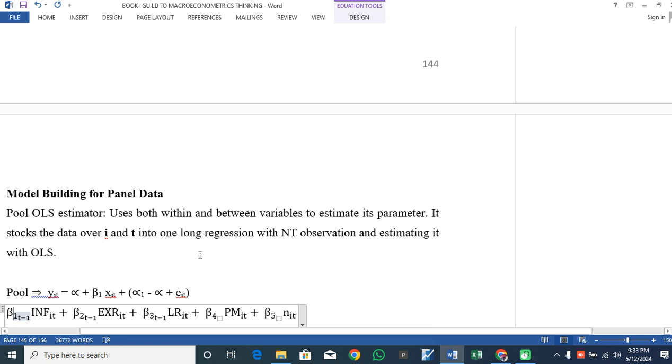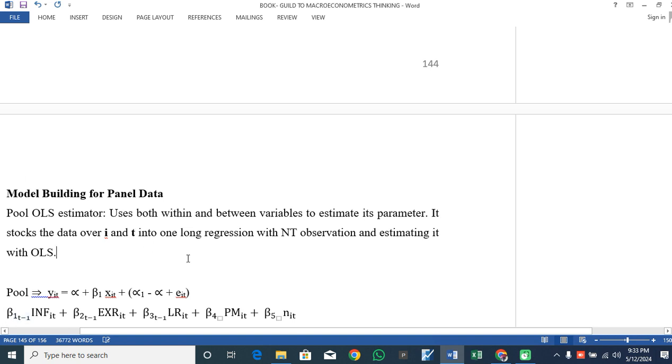We are going to use EViews to estimate linear regressions, whereas when we go to dynamic panel data regressions such as the GMM and a host of other sophisticated estimation approaches, we are going to use this software.